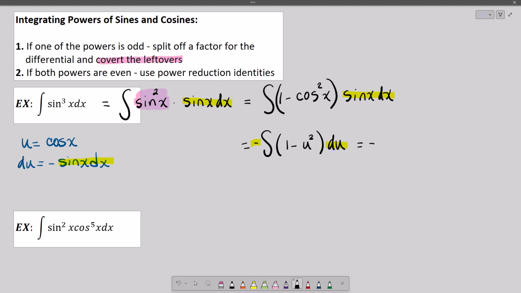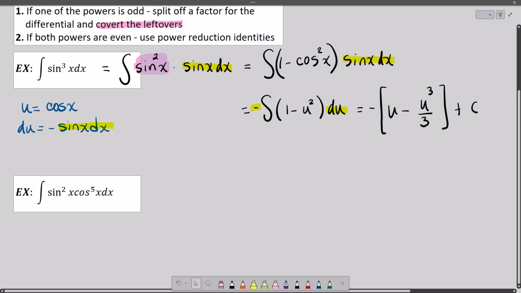That's a polynomial. We can use the power rule. So we have this leading minus, which is a little bit of a headache, but that's okay. We could distribute the minus in and make this u squared minus 1. But we'll just leave it out this time. So we integrate 1 and get u, integrate u squared and get u cubed divided by 3, and then plus c. So when we simplify this, we now have to go back.